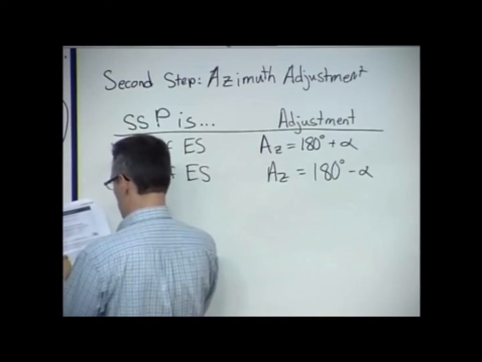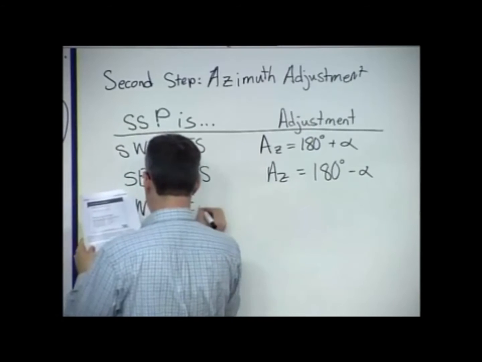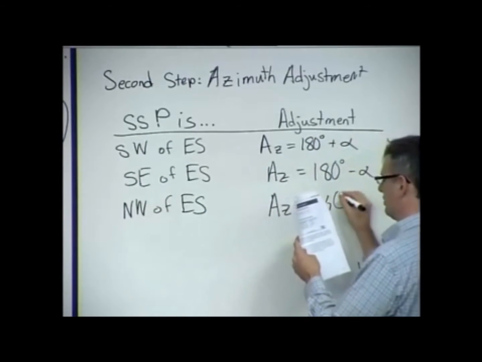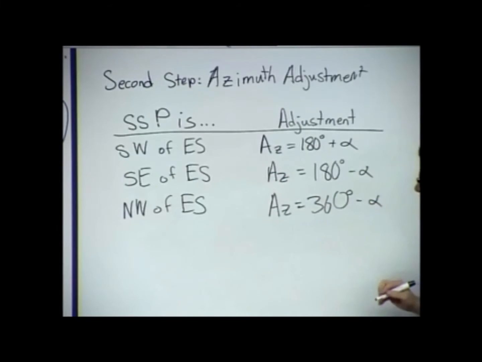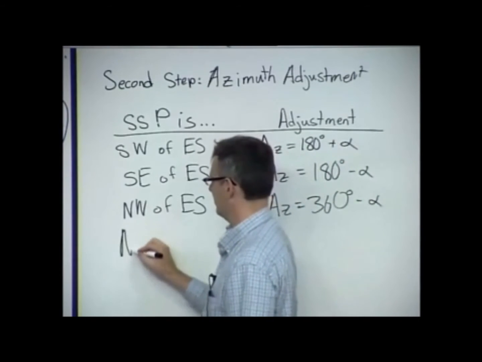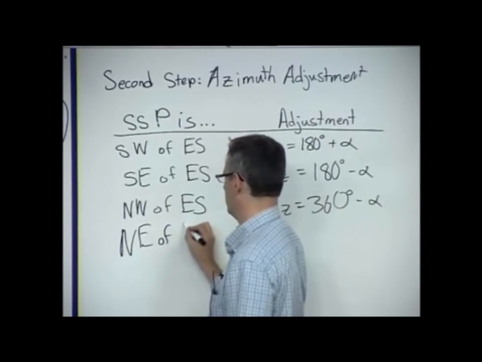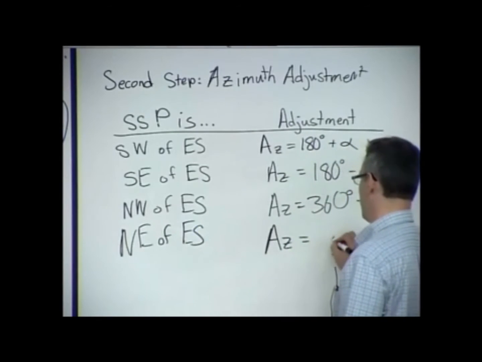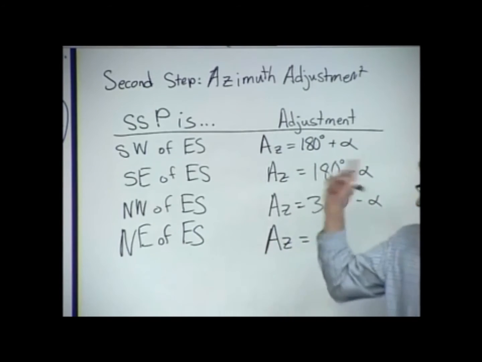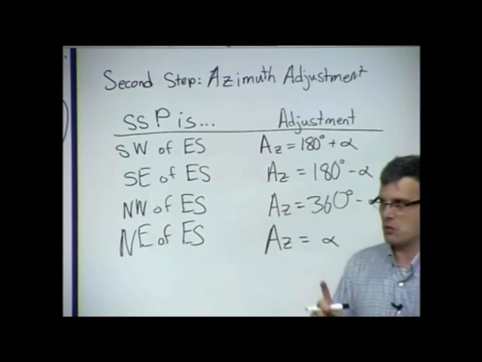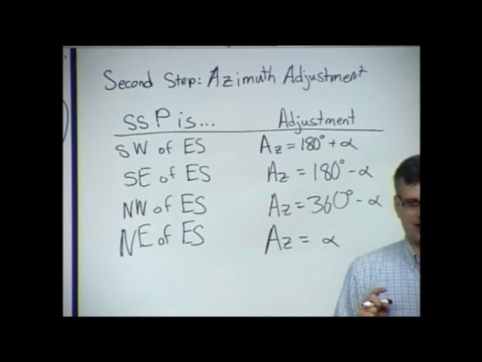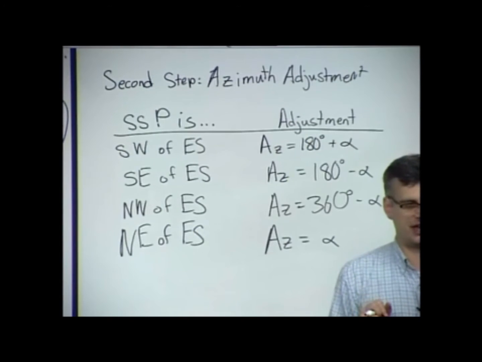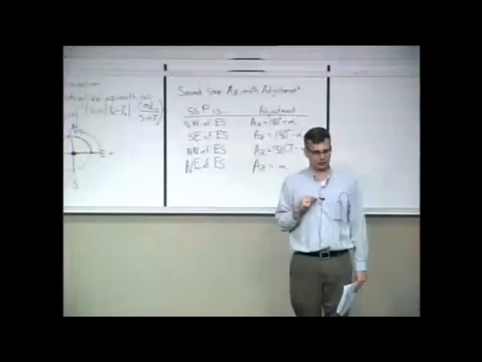If it is northwest of the Earth station, then my azimuth angle is 360 degrees minus the alpha that I calculate with that formula. And if it is finally northeast of the Earth station, the azimuth angle is actually just alpha, the value that I calculate with that formula. We're not done yet. I have to make one more clarification before we apply these formulas.